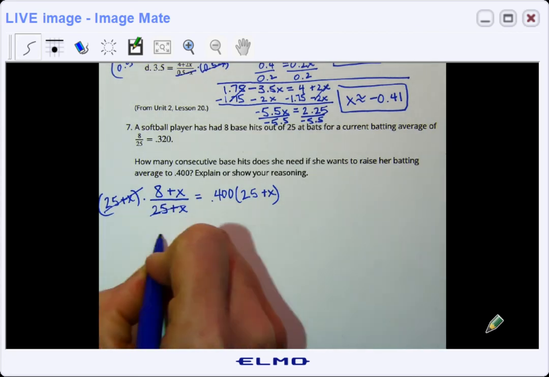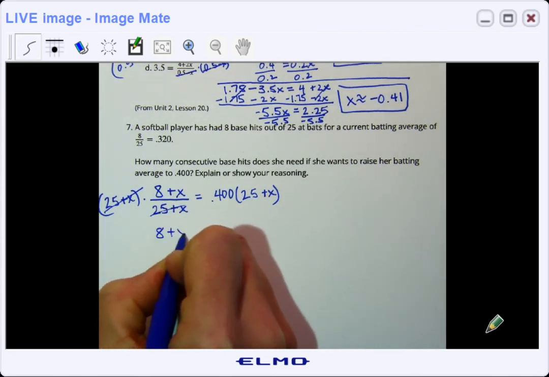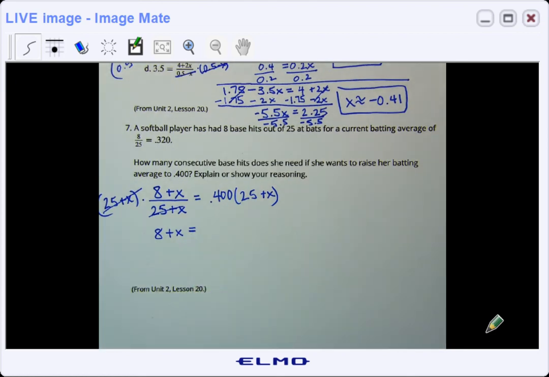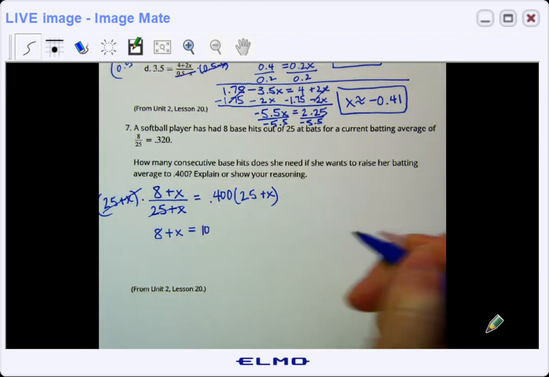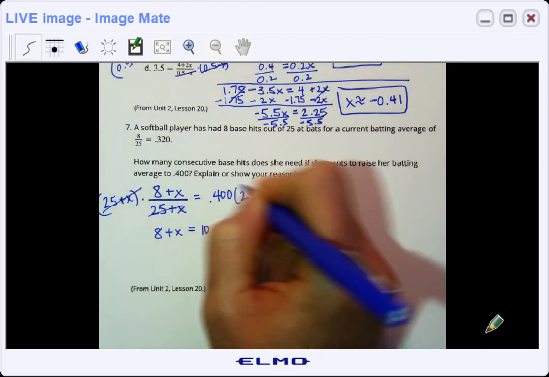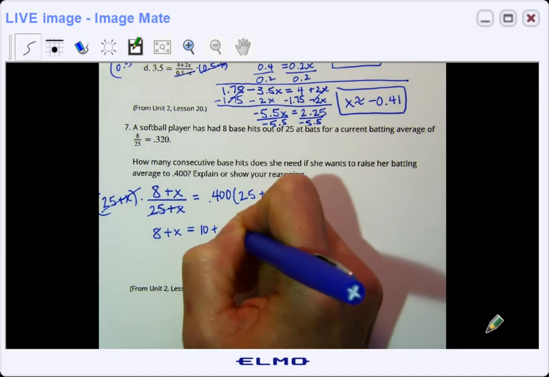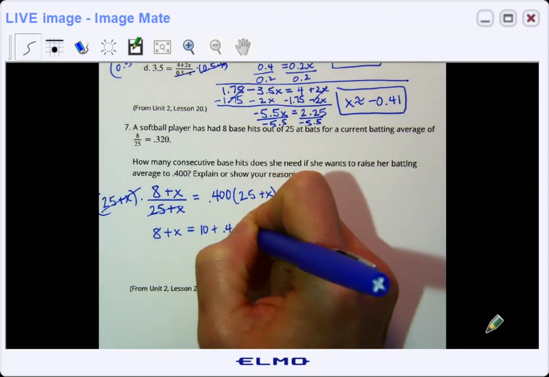And we have 8 plus x equals 0.400 times 25 is 10. And then distribute the 0.400 to the x. I'm just going to write 0.4x.